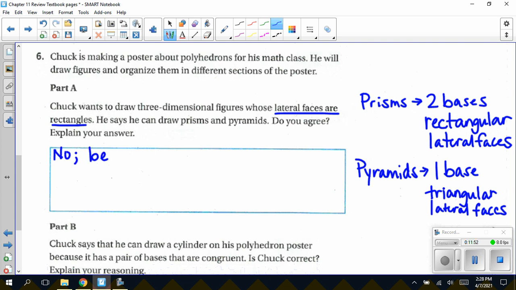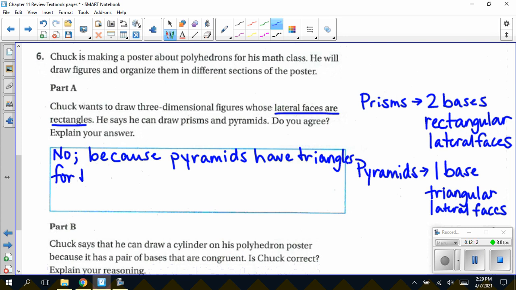Because pyramids have triangles for their lateral faces.